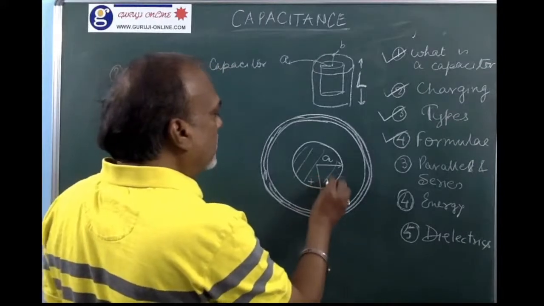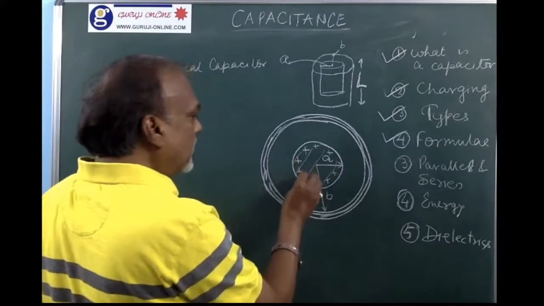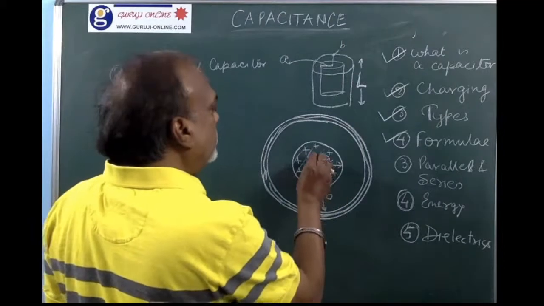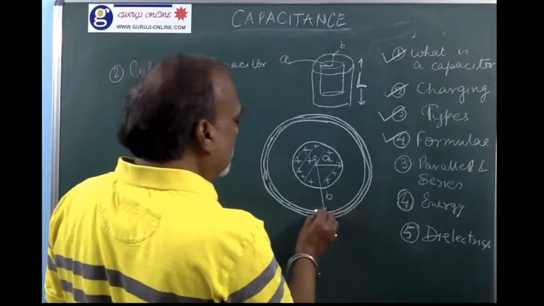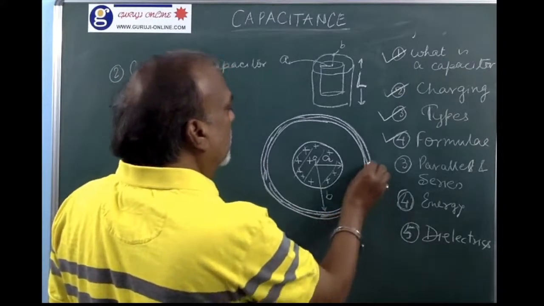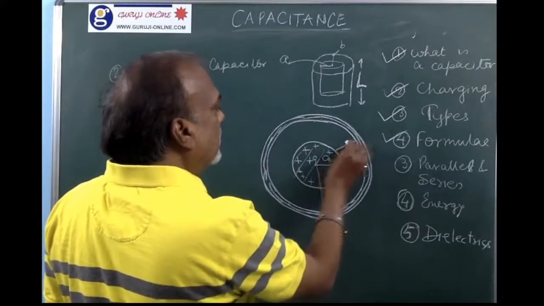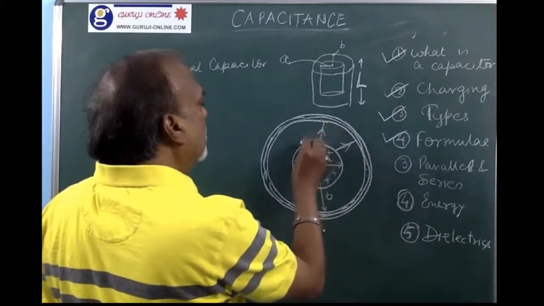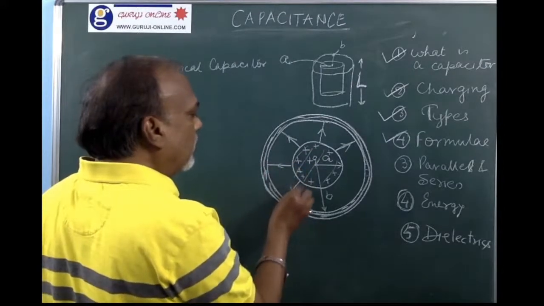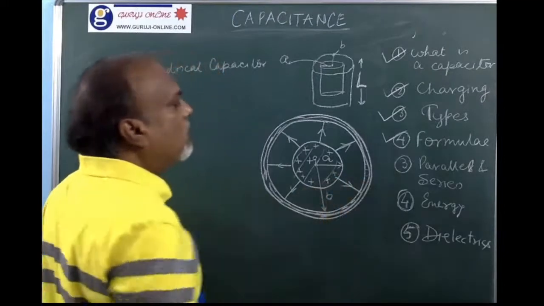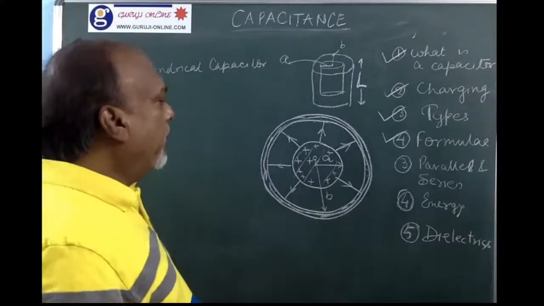On the inside cylinder, plus Q charge is there, and here minus Q is there, so naturally electric field will be like this. This is how electric field will be there.